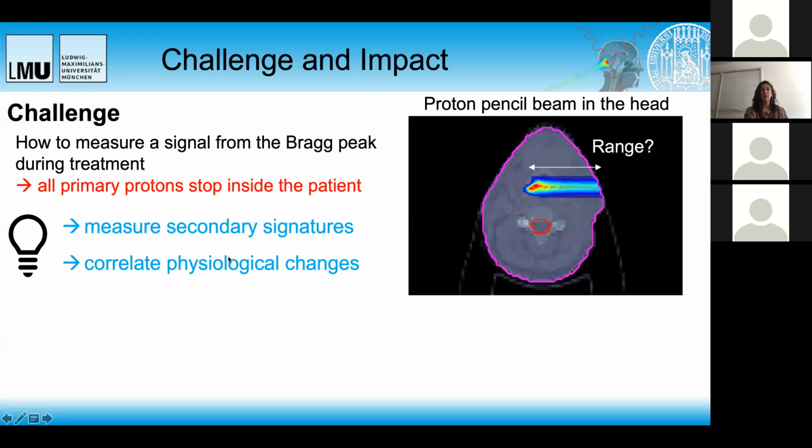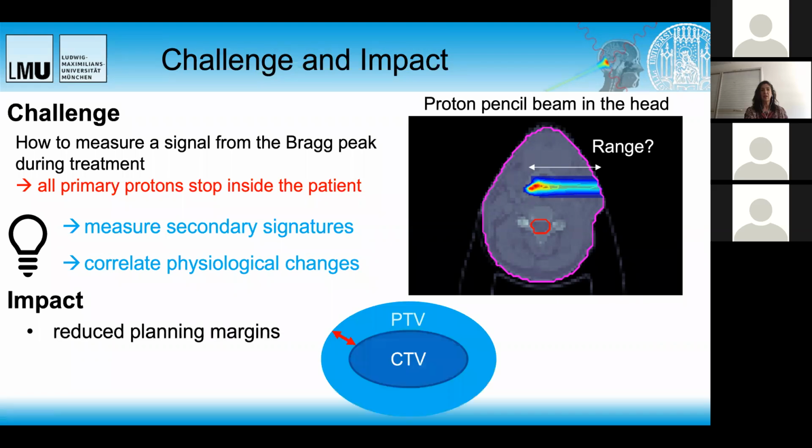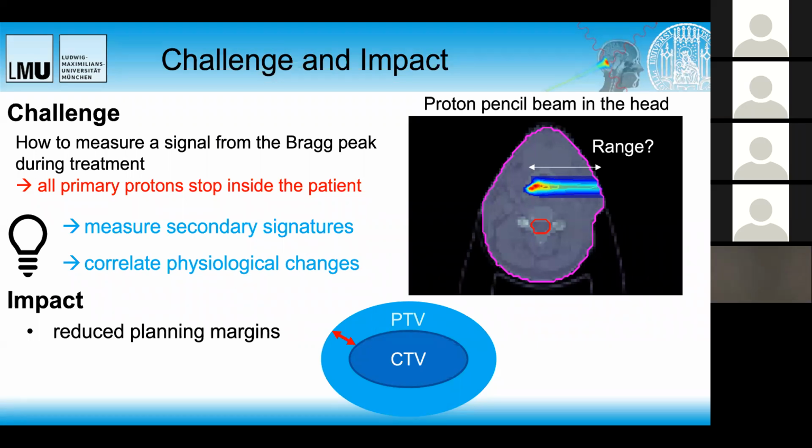And to directly tell you the impact, if we had a perfect range verification system, then in principle it would allow us to reduce the planning margins. This is also something that Niklas mentioned today, that we have the clinical target volume, which is typically then isotropically increased in all dimensions, and then we intentionally irradiate a larger volume just to be sure to give enough dose to the CTV.